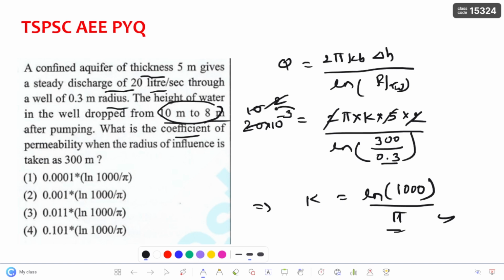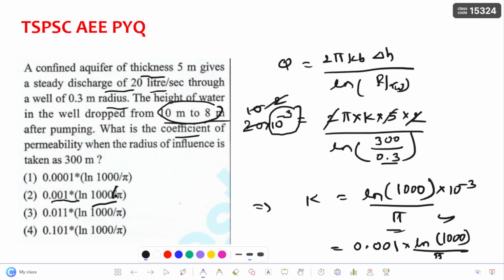And here this 10 to the power minus 3 is also left, which is nothing but 0.001 into ln 1000 by 5. Pi is not in the ln expression, pi is outside the expression, but here the options are given wrong. So you can pick the answer as 0.001 ln 1000 by this separate expression, that is, pi should be under this expression. This 2 is the answer.